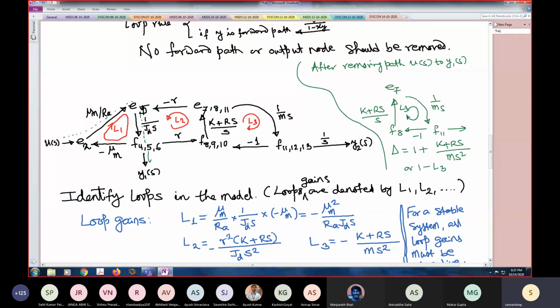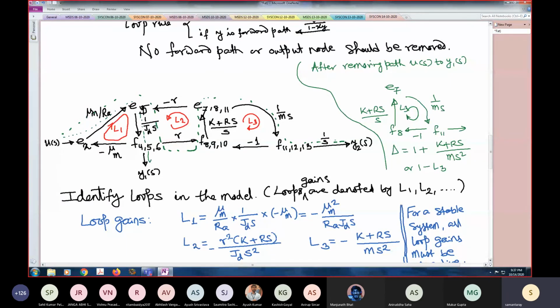You go like this, then like this, and so on. So if you remove these, nothing is left. Entire graph vanishes. So if you remove this forward path, entire graph vanishes.